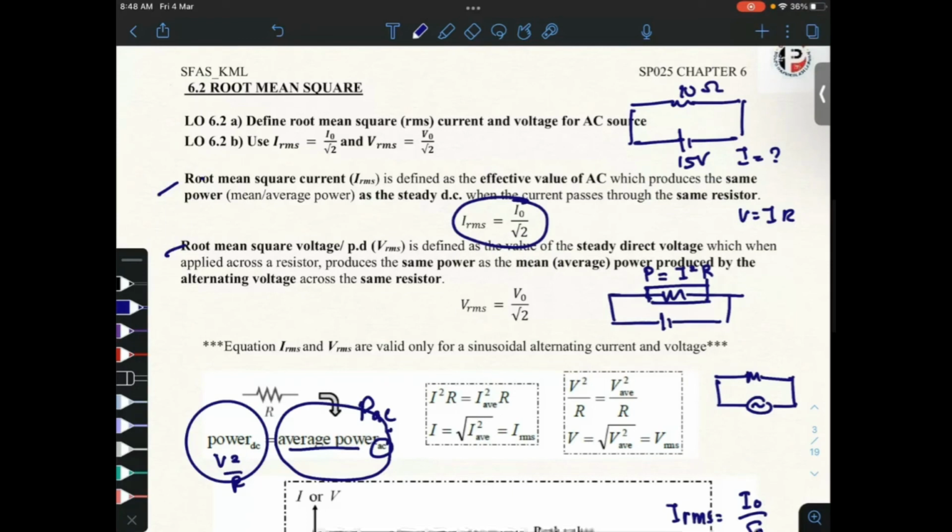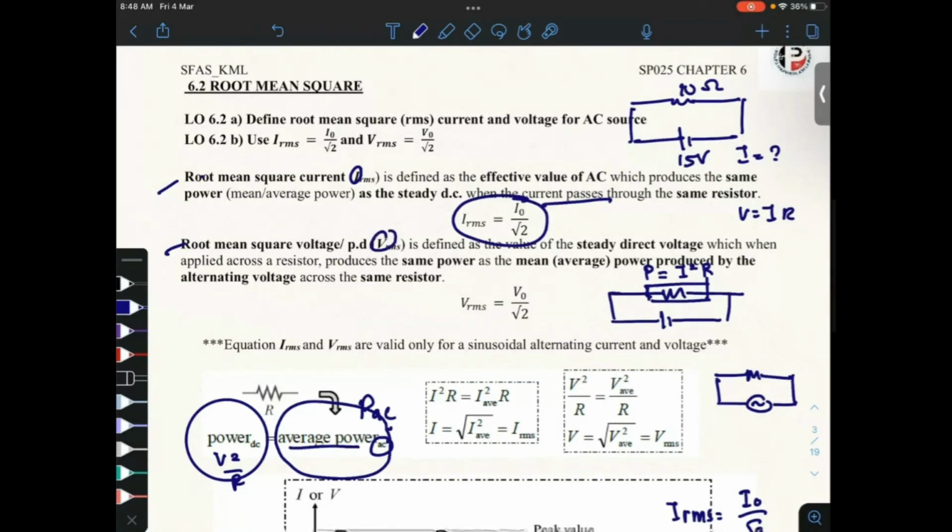Cuma dekat sini dia nak cakap sebab pasal I, so dia akan specifically tekan the term of current. Okay, dekat sini dia nak cakap pasal V, dia akan specifically tekan pasal perkataan voltage. Itu saja. Yang penting dia nak cakap dekat sini adalah power DC akan sama dengan average power in the AC across the same resistor. And then you must know the equation lah dekat sini. Itu sahaja untuk root mean square sebenarnya.